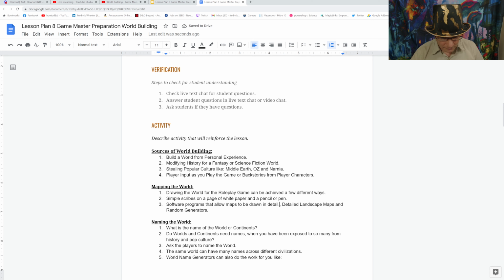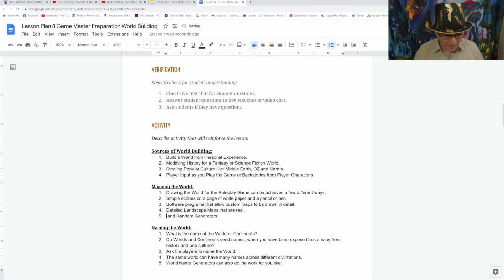Okay, so software programs that allow custom maps to be drawn in detail, detailed landscape maps that are real, and then random generators that make world maps. Okay.